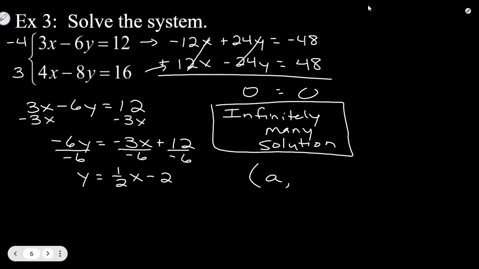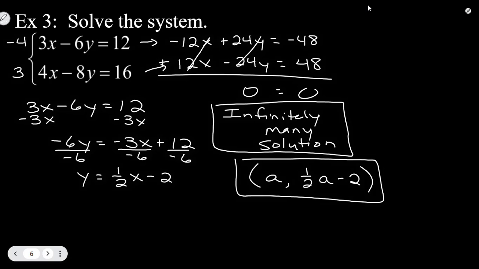So what we do is we plug that in. We'd have 1/2 a minus 2. And so our solution set is anything that has this form. Once you choose an x value, if you plug it in and it equals that, that's the y value. So anything that has that form, we can generate an infinite number of possible solutions. Okay? Because you could put in an infinite number of different values for x.